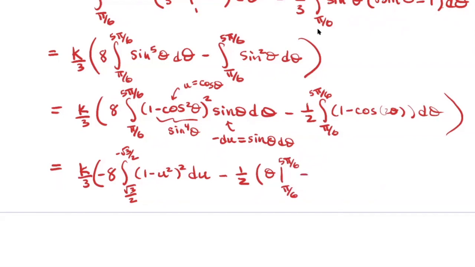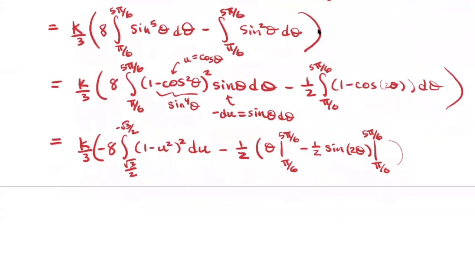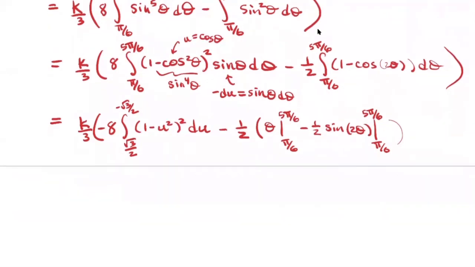So minus 1/2 sine 2 theta from pi over 6 to 5 pi over 6. I'm hoping those will be the same, so they'll just cancel. Sine's the y coordinate, but it's 2 theta, so you have to multiply by 2. Okay, any questions?